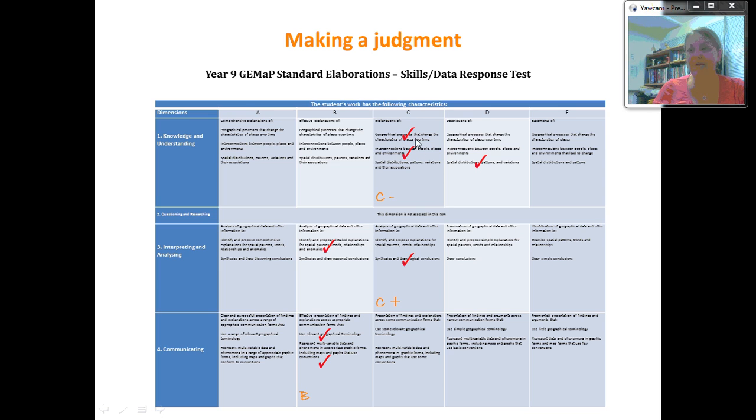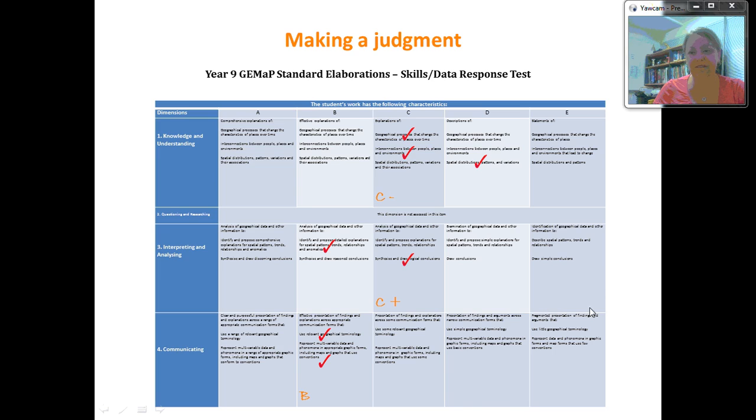So to get a C plus for knowledge and understanding, this student would have had to have demonstrated one of these features up in the B range. Looking down at communicating, to get a B plus in communicating, this student would have had to have demonstrated one of these features up in the A range. Okay, so just remember that from now on.